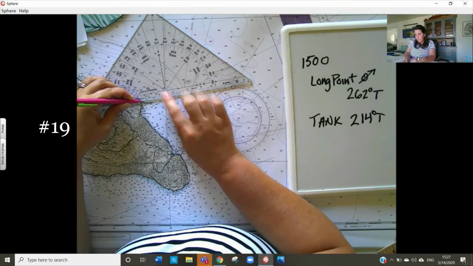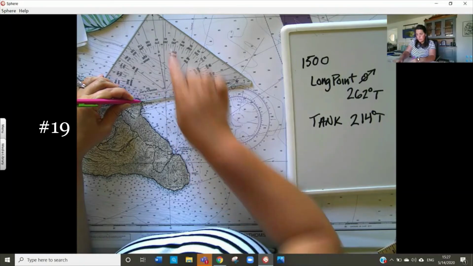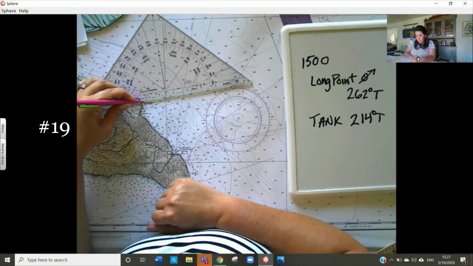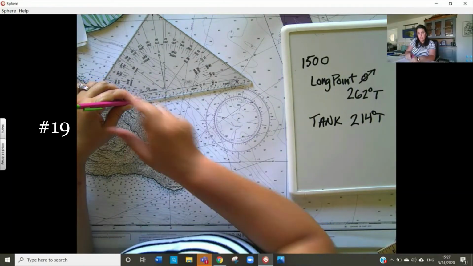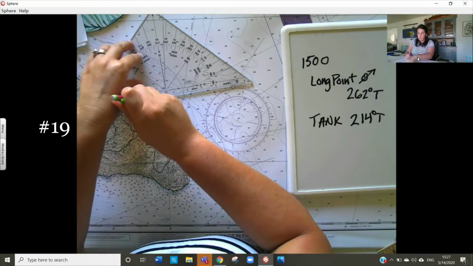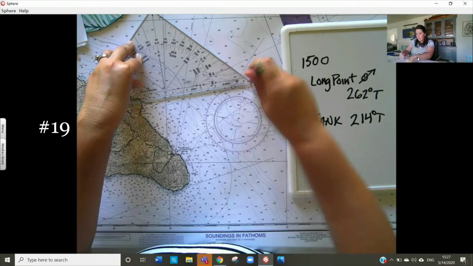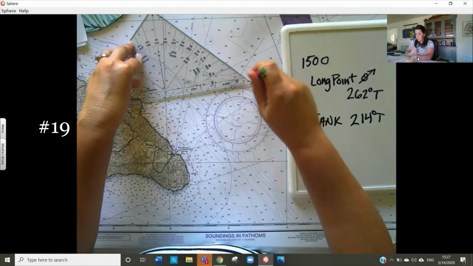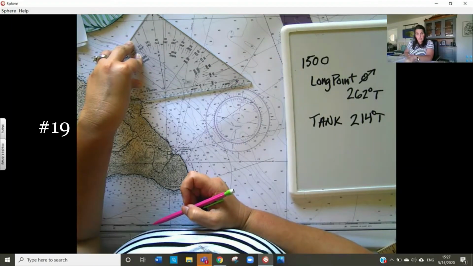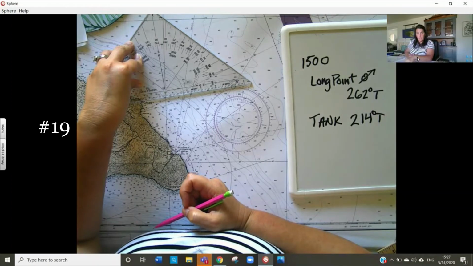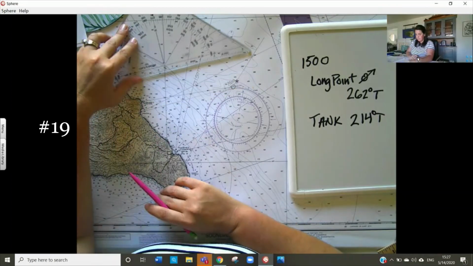Crossing the meridian and then 262 on the top end of the triangle, and my pencil on Long Point. So then I can push down and draw in my line of position. So that was for Long Point.